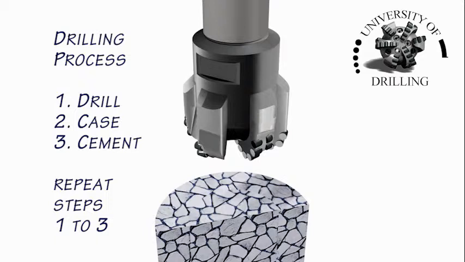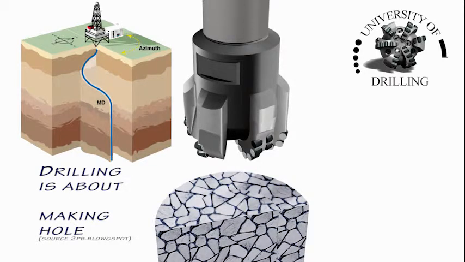Each of these three steps, drilling, casing, and cementing, are repeated in the same sequence over and over again until the well is completed.